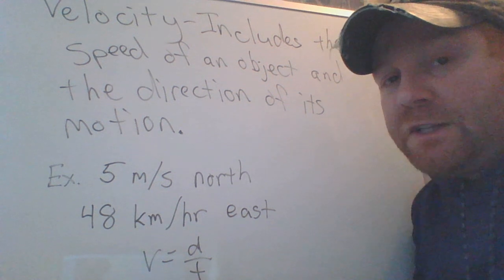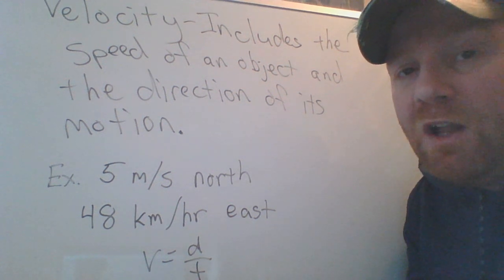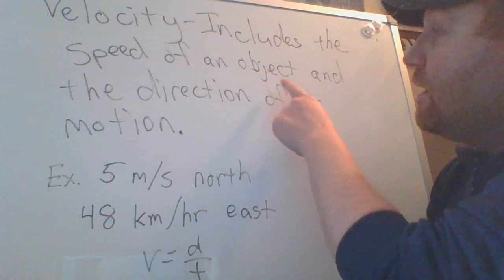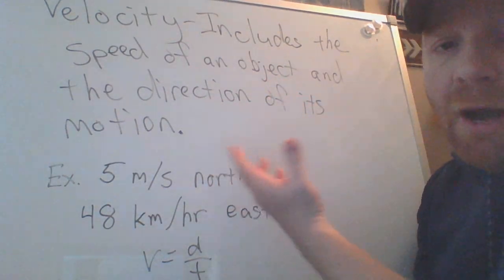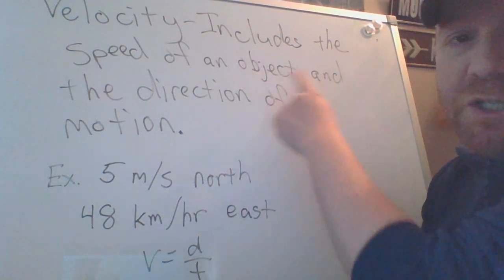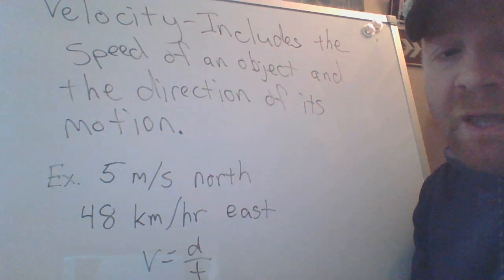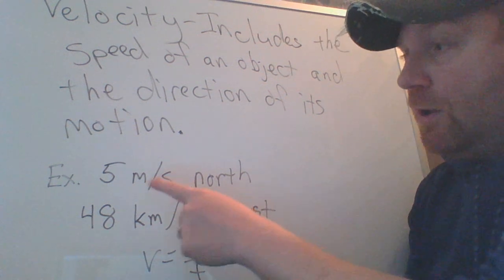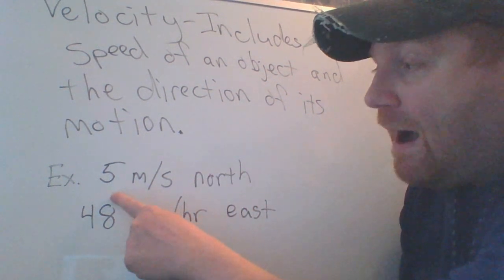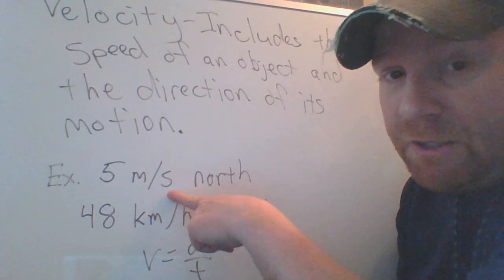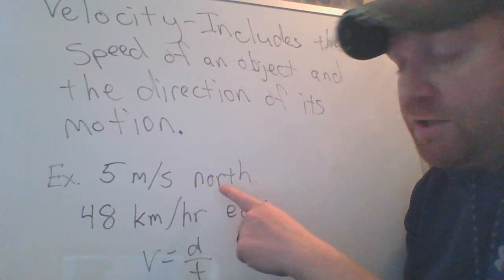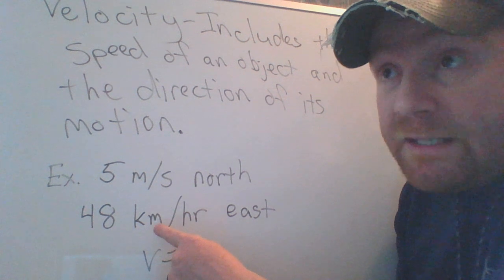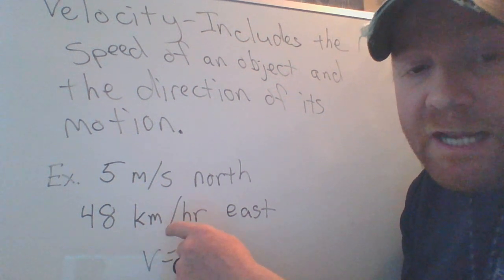The only difference between speed and velocity is that velocity includes the direction of the object's motion. It includes speed and the direction. I gave a couple examples down below here. An example of a velocity would be 5 meters per second, similar to speed, but I included the direction, north. The unit doesn't always have to be in meters per second.